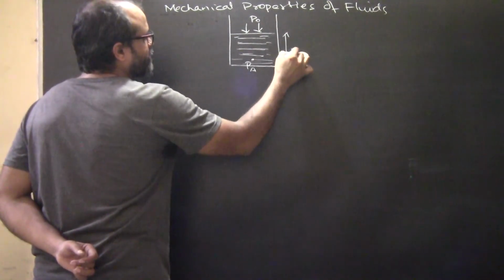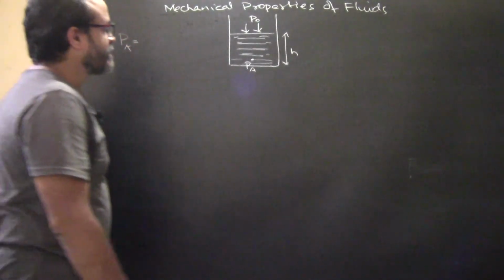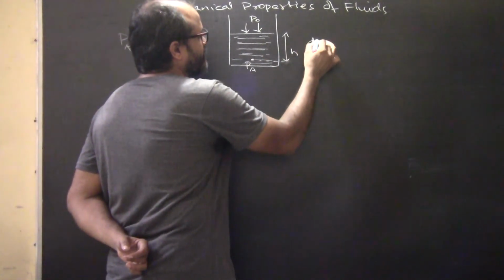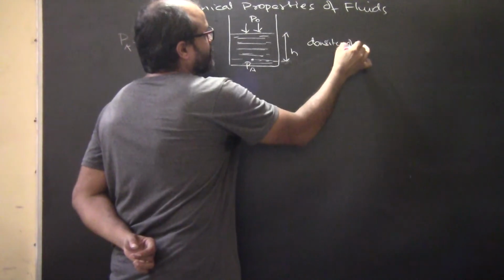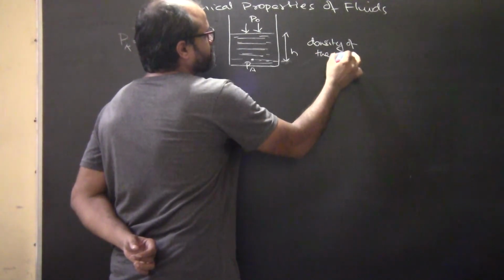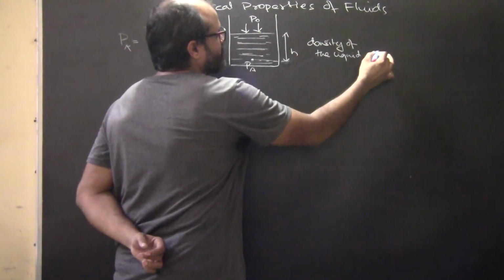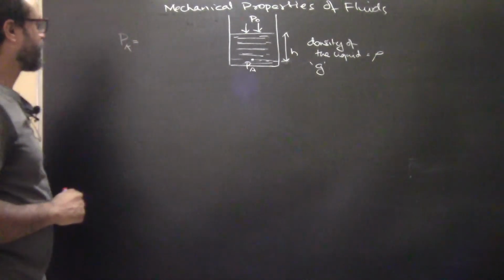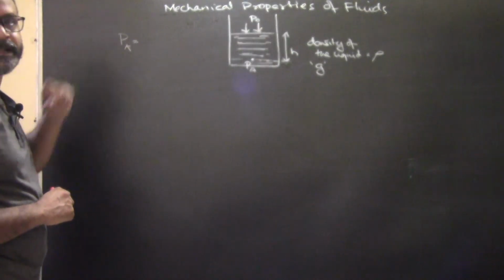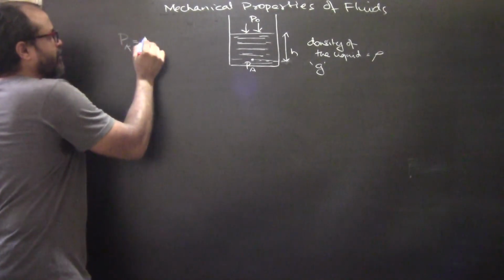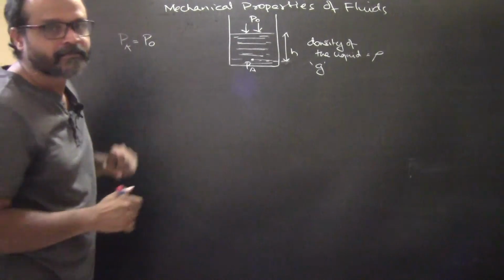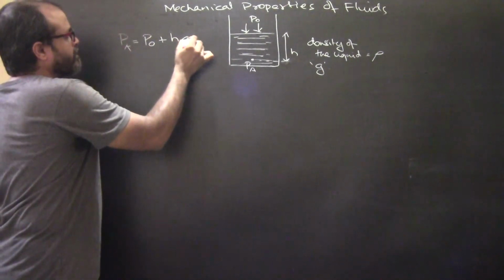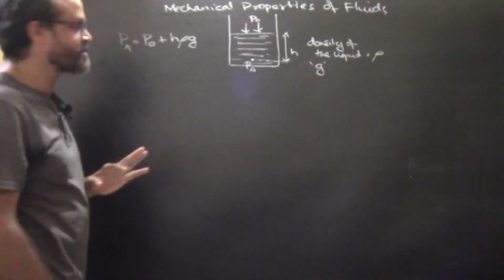Let's say the height of this point is h, the density of the liquid is equal to rho, and g is the acceleration due to gravity. So the pressure at this point A will be equal to atmospheric pressure plus h rho g. We have derived this as well.